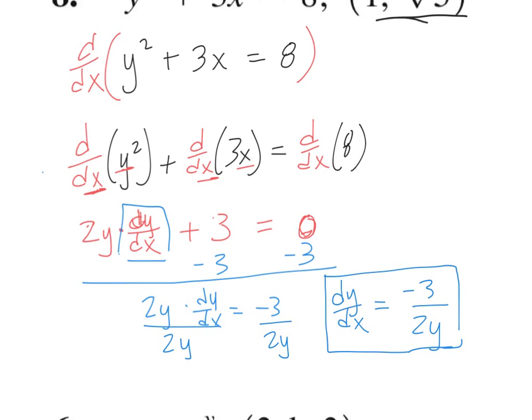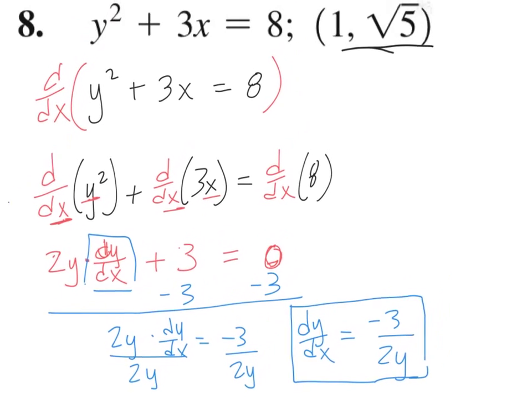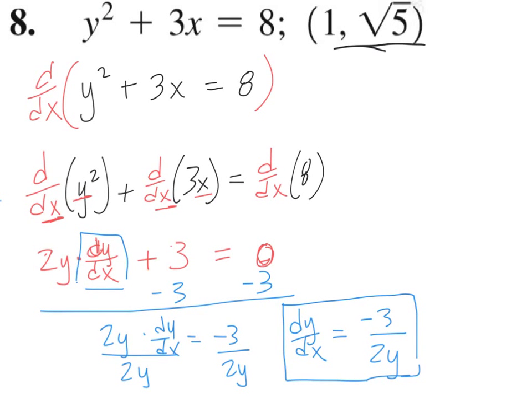So what I want to do is find the equation of the tangent line at this point, okay? So if I need an equation, I know that x is equal to 1, and I know that y is equal to the square root of 5, okay?